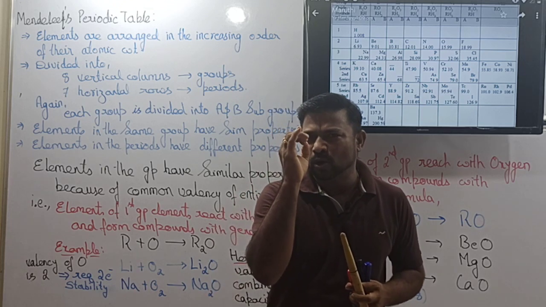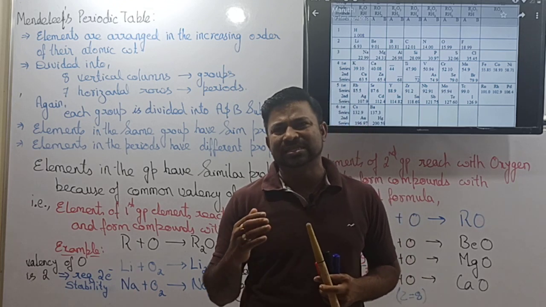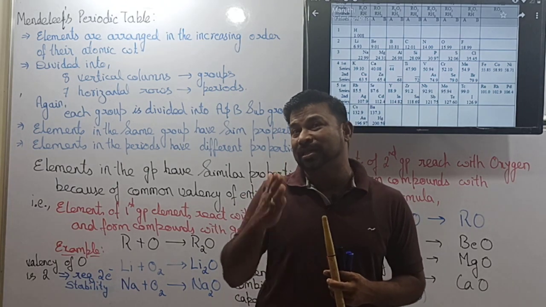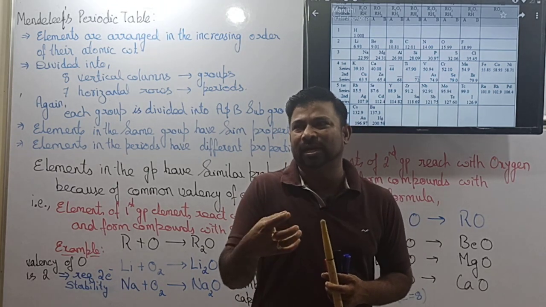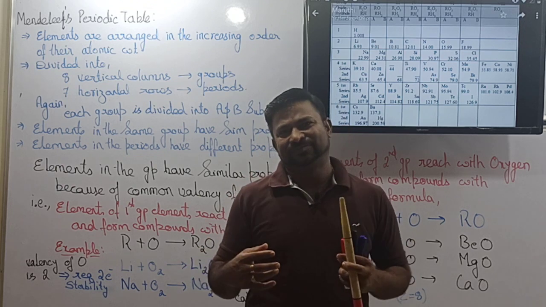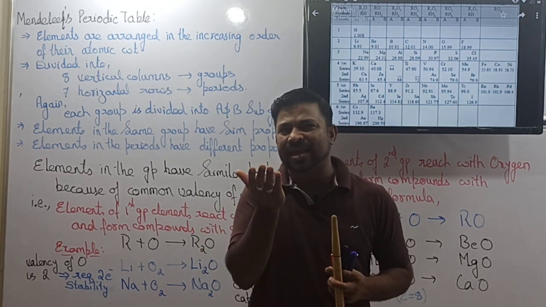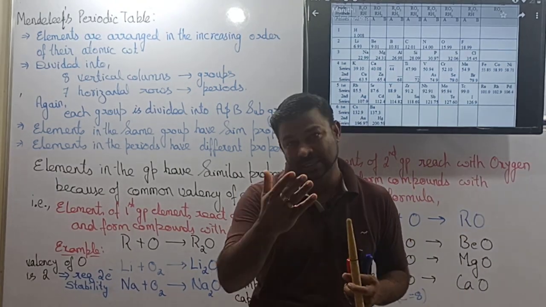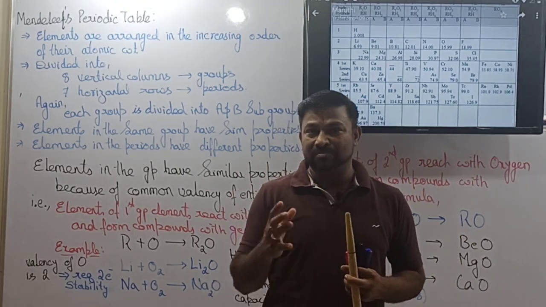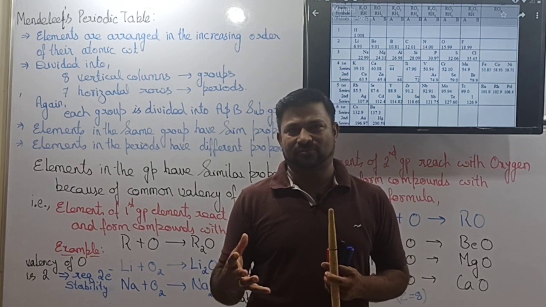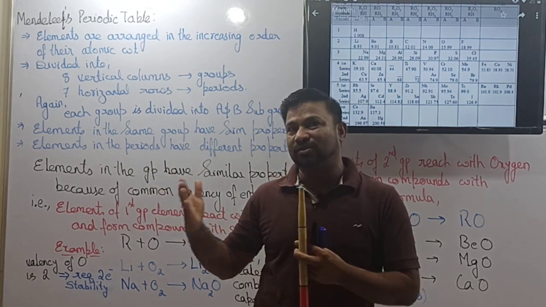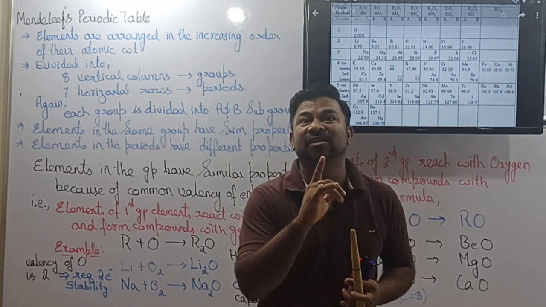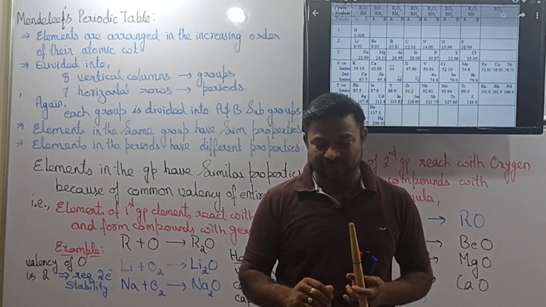One more important point I am going to discuss is how the elements in the groups show their common valency. What is their behavior when they are reacting with any particular element? Of course, it is oxygen, right? Means behavior of elements of the groups in the Mendeleev periodic table. That is the main point for the day.